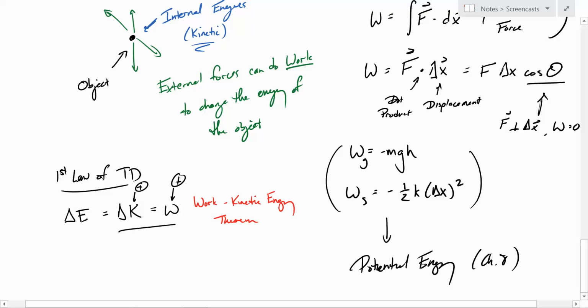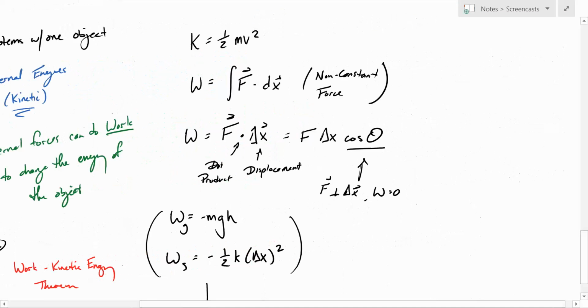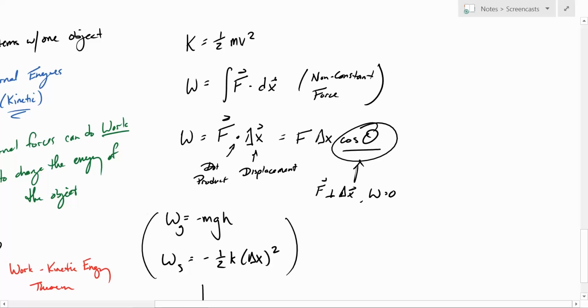So positive work done on an object means that the object's speed increases. You can see that the sign of this comes out of this cosine. If the force and displacement are in the same direction, so theta is between 0 and 90, then the cosine is positive, work is positive. So if the force is in the direction of motion, work is positive.